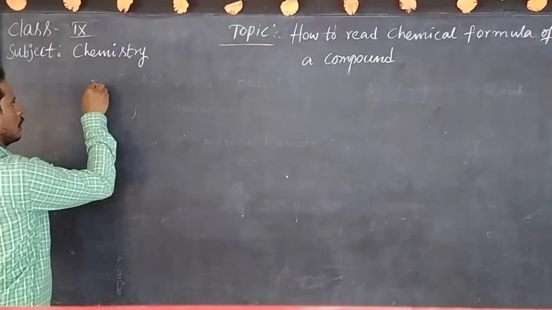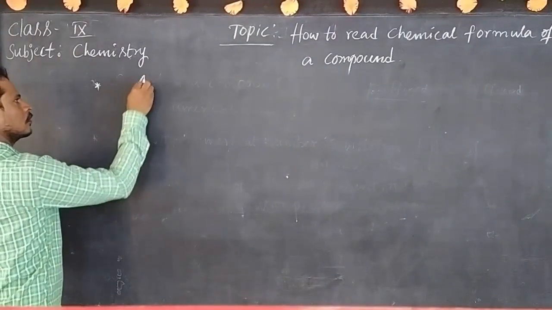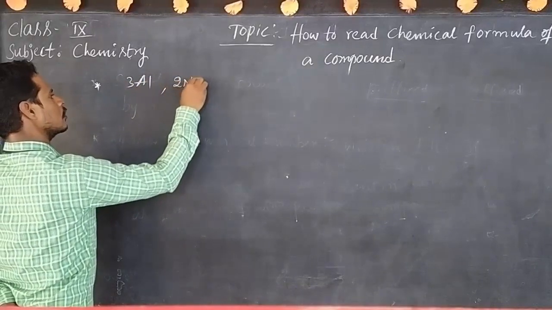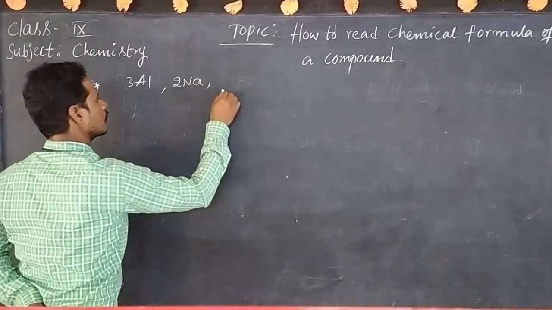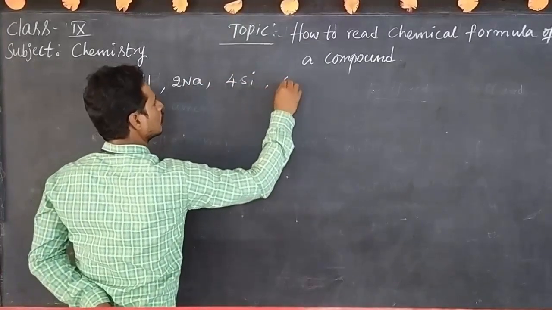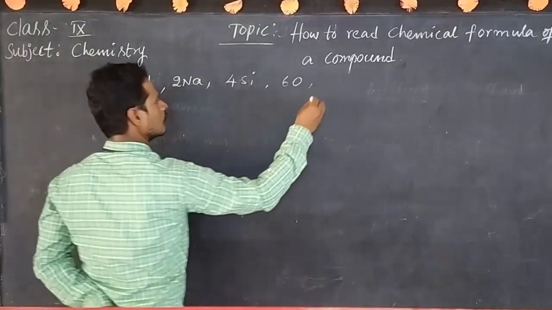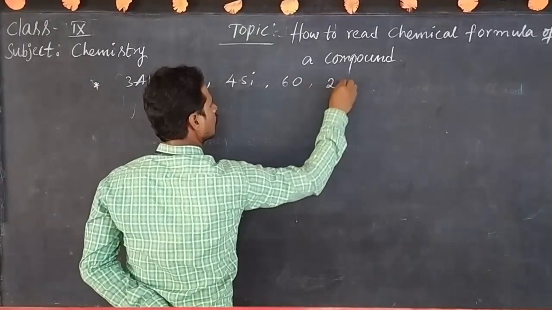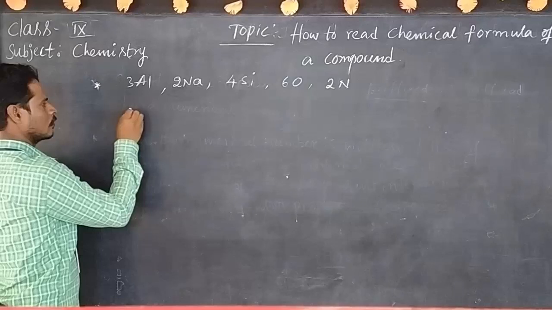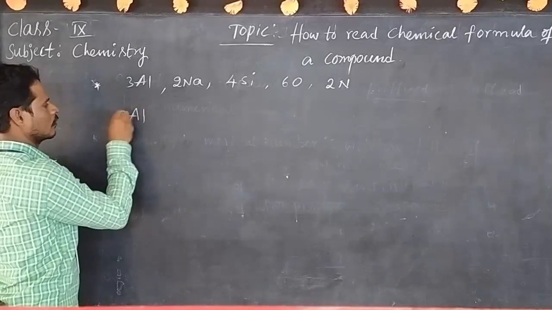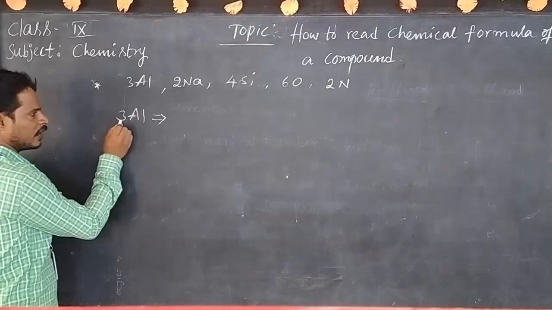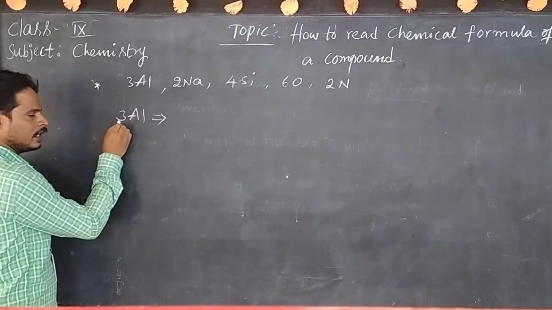Now point number 1, one by one. Here, Al, aluminum. In front of aluminum, how much number is there? 3.